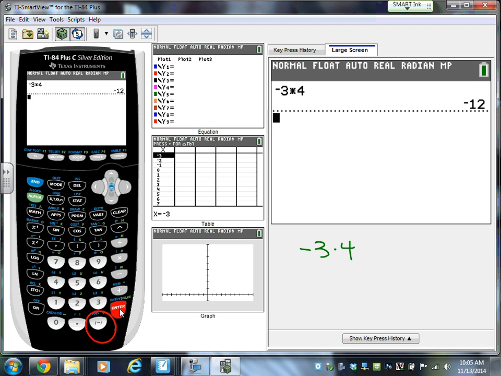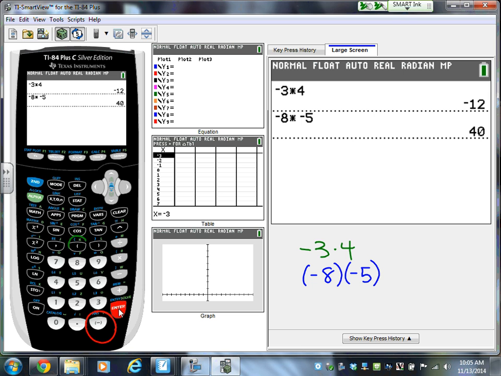All right, if you see something like negative 8 times negative 5, you have to remember again, you're using your negative key or negative button, not the minus sign. So you're going to do negative 8 times negative 5, and you're going to hit enter. Now, if you wanted to, you could put the two numbers in parentheses as they're shown. Your parentheses buttons are right here above the 8 and the 9.